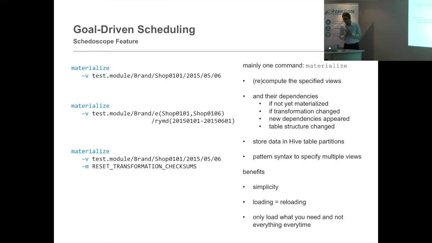And that's the point of the goal-driven scheduling, which is also something really special among the scheduling tools that at least I know. So if you have Oozie or Azkaban or however they are called, they all work in a way that you have some workflow or some kind of sequence specification, and you run this sequence, but you don't have this thing that you can tell the system, I want to have this data, and the system knows itself what it needs to compute.